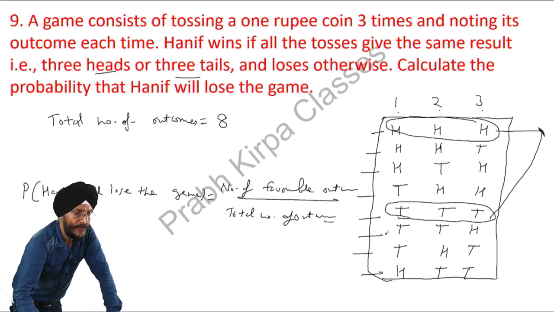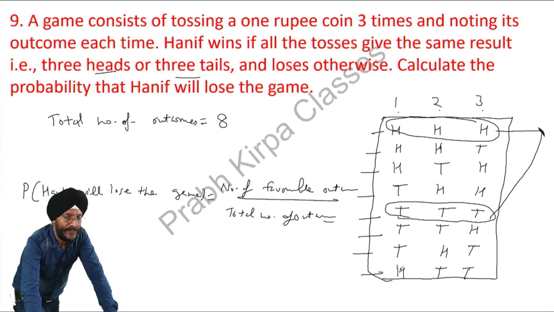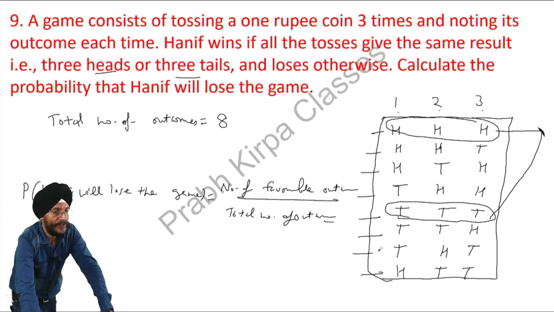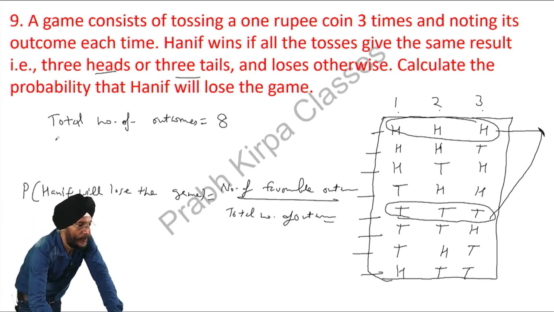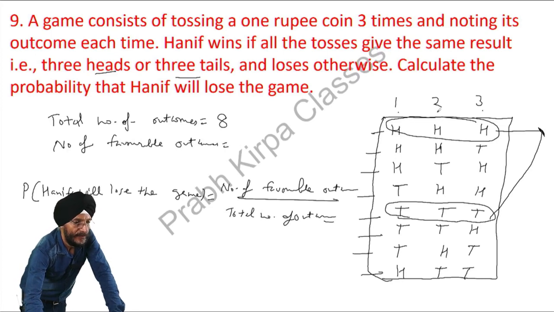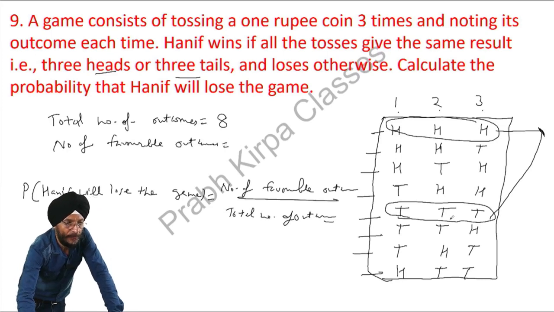So out of the total 8, he will win only twice, when there is head or tail on all the 3 times. So the number of favorable outcomes are except these 2.